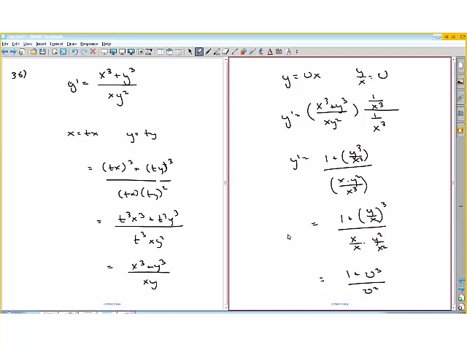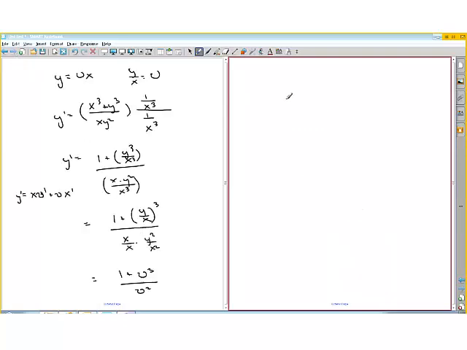That's what that is. And if I take the derivative here, I'll see that y prime is equal to x times mu prime plus mu times x prime. So I can make that substitution for the left-hand side.